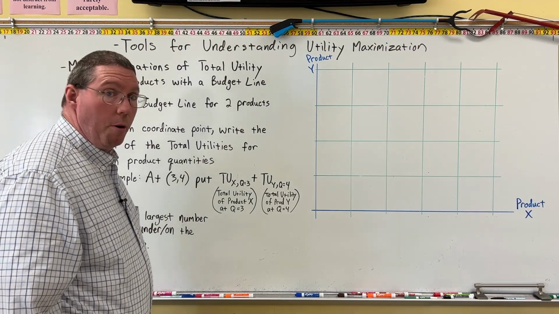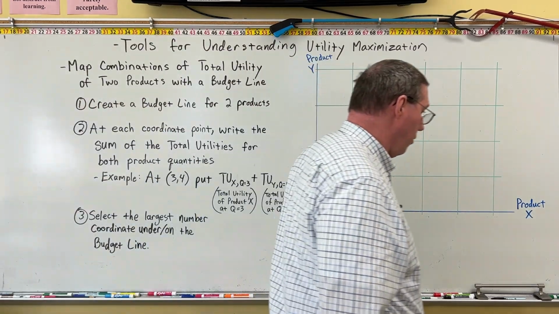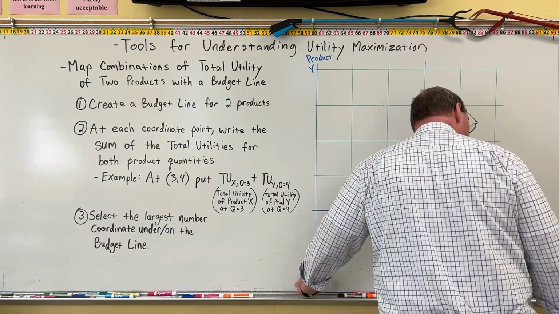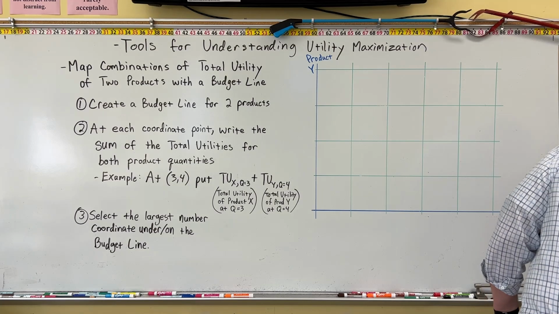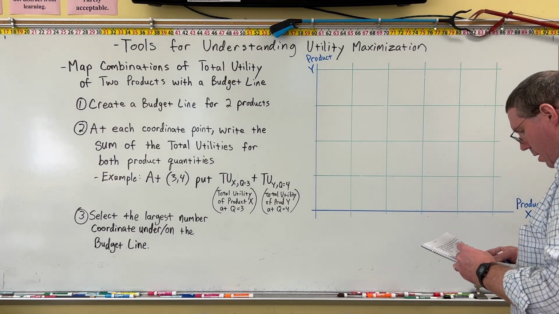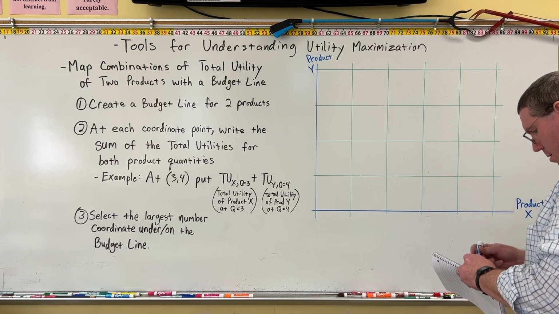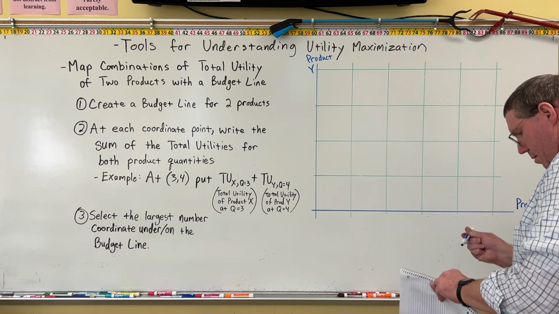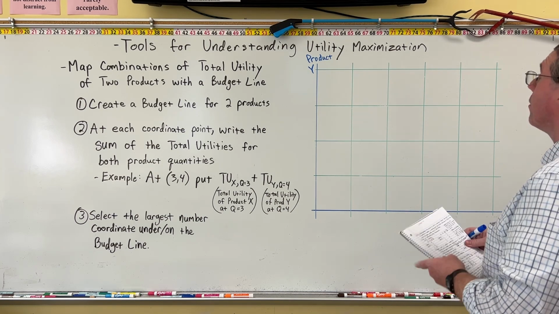All right, so I hope you paused it and went ahead and wrote down all the notes. So the budget that we're going to have for this particular example is $24, okay?